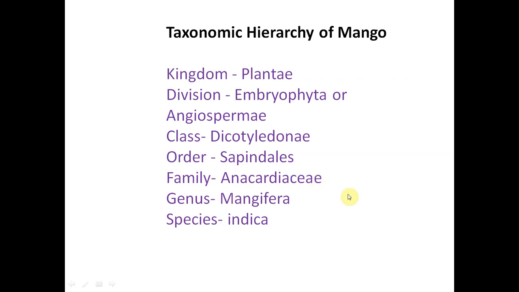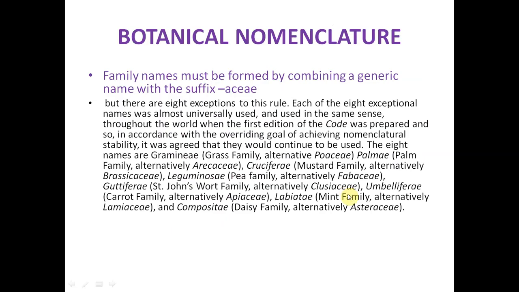And there are certain exceptions to this rule, 8 exceptions. Each of the 8 exceptional names was almost universally used, as these family names for 8 families have been used for a long time, so they are exempted from this rule.